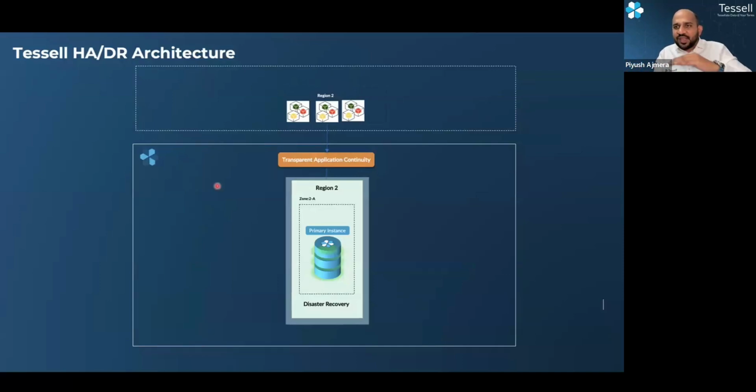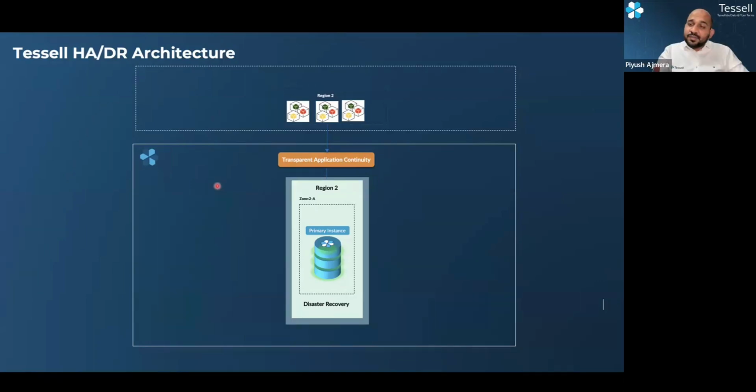They are connecting to a singular endpoint from the application with no change. Whatever the underlying changes are, they are taken care of by the Tessell agent itself. And again, we use Oracle native technology like TAC to make all of this happen, right? And on the underlying layer, we do have Observer and Data Guard at the database level to make all of this switching very, very seamless for applications to connect to.